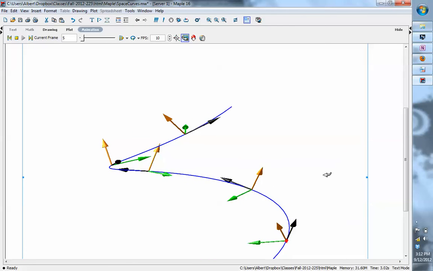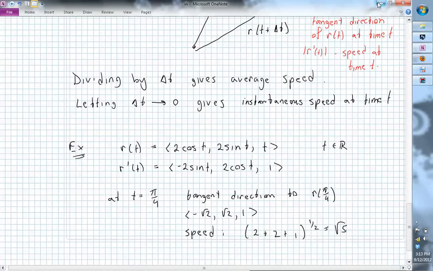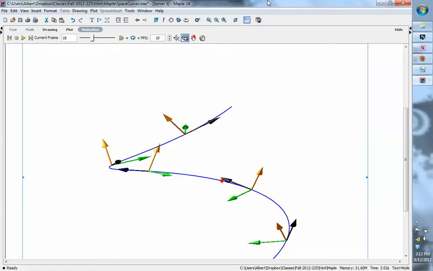So at every point on the curve, there's this little natural coordinate system formed by the tangent vector, the principal normal vector, and the binormal vector. It's called a Frenet frame, and it's important in differential geometry. It's important in general relativity, that kind of stuff. Okay, so that was for cultural purposes. Moving right along. Actually, let me stop that so it's not slowing down the computer.